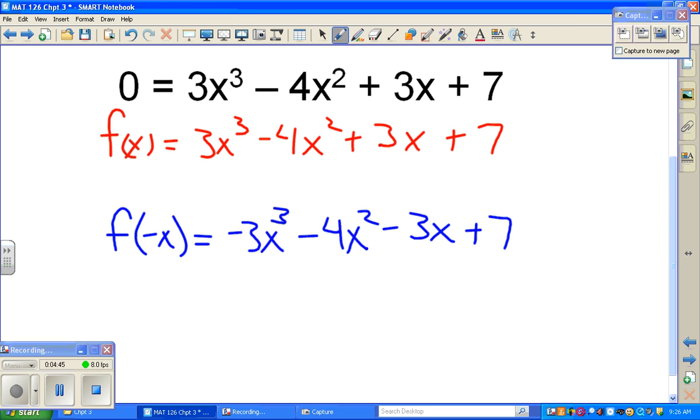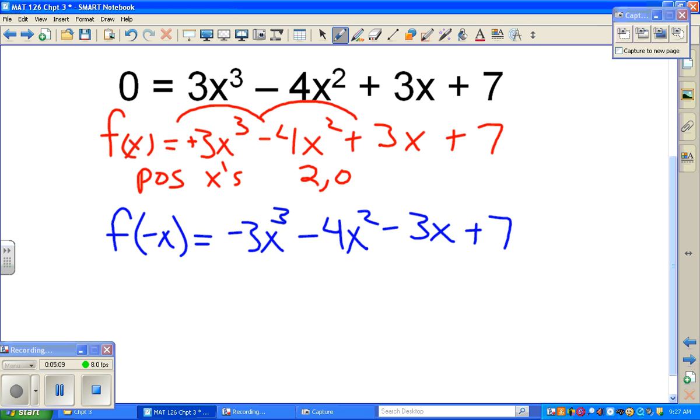Now I can count the sign changes for the positive x's. How many sign changes are there? 1, 2. From positive to negative, negative to positive is 2 sign changes. So the number of positive x's that can make it equal 0 is 2 or 0.